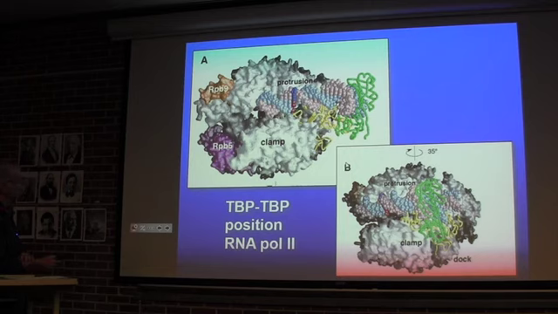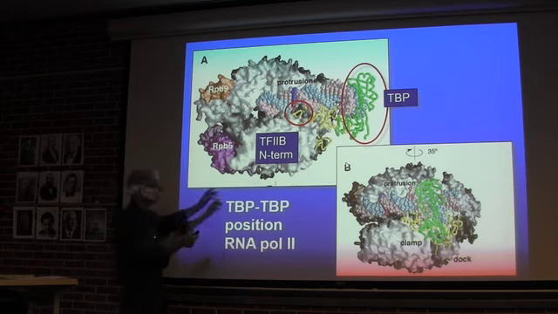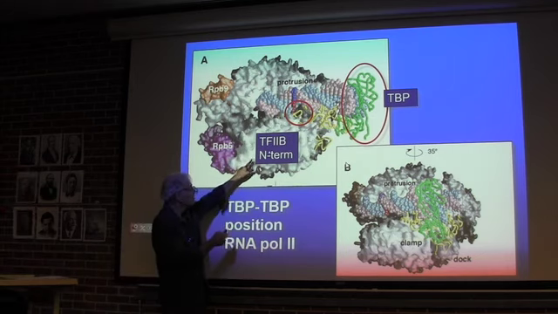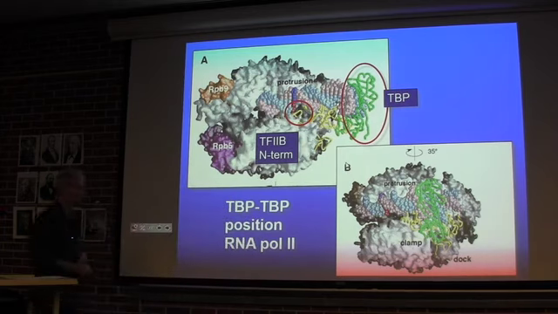Here you're looking down again. The yellow is B, with TBP. Sometimes on an exam I'll have an arrow pointing there, and it's the N-terminus of 2B if it's snaking down into the interior of the polymerase.